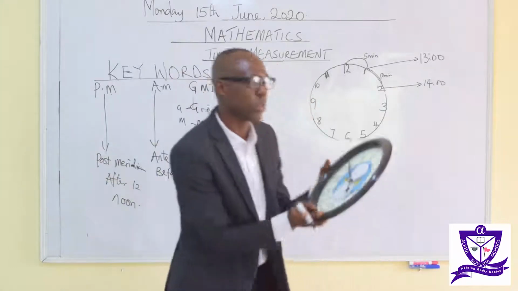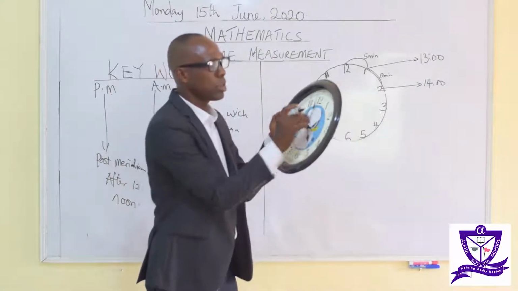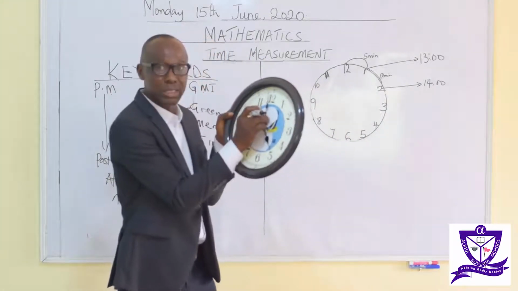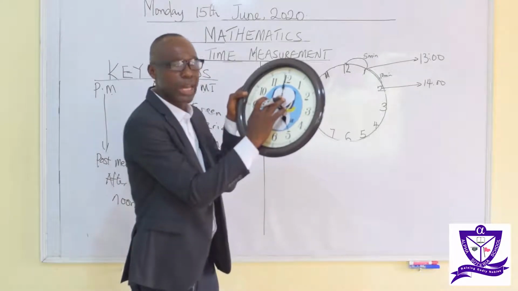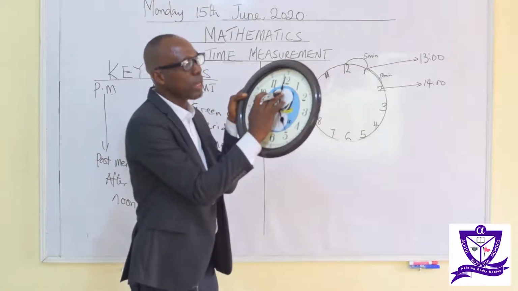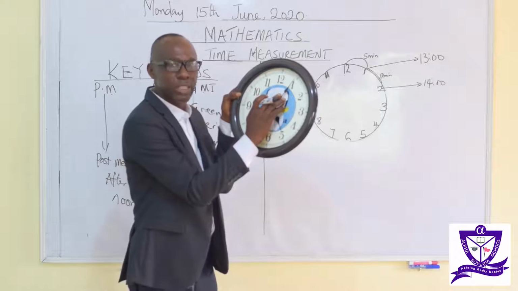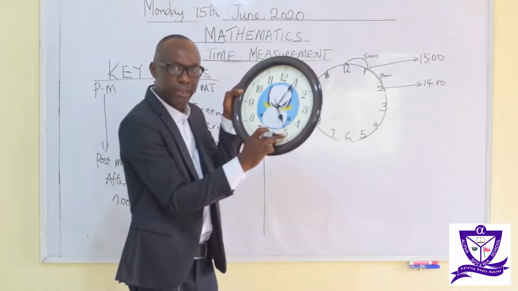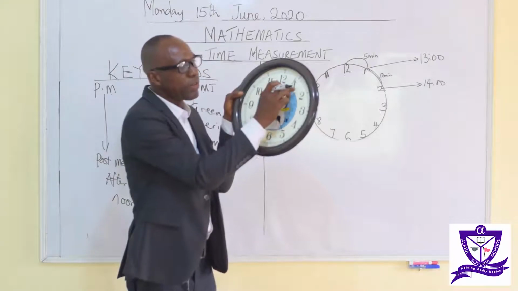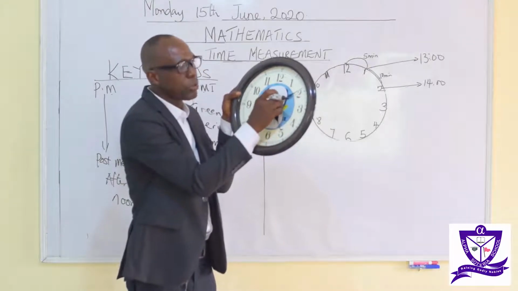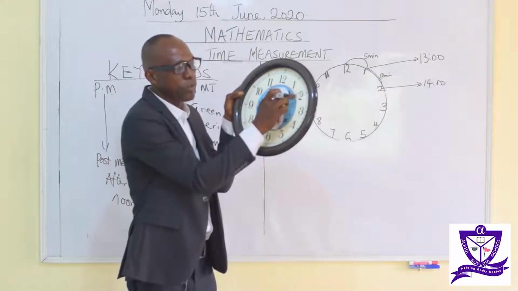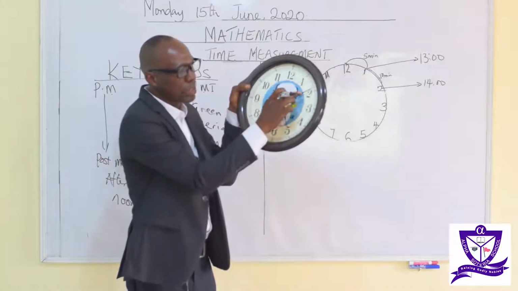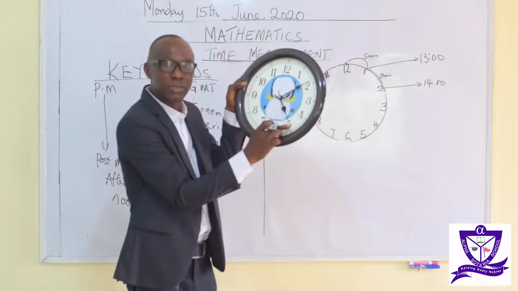So from our wall clock here, the minutes hand is this long hand. So between 12 and 1 is 5 minutes. We will say 5 minutes past 5. Between this 1 and 2 is also 5 minutes. So it becomes 10, 5 plus 5 becomes 10. So we will say 10 minutes past 5.